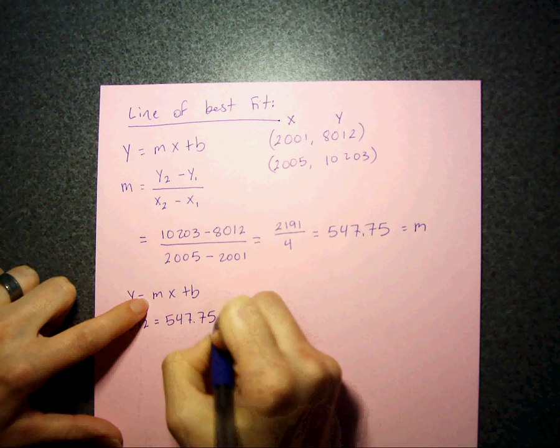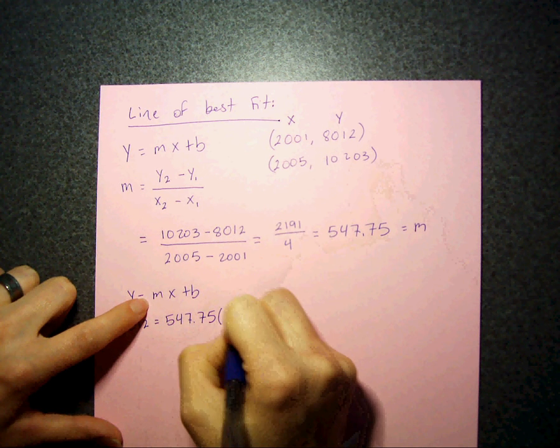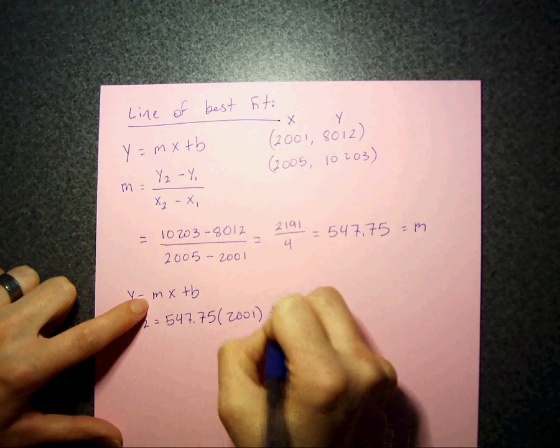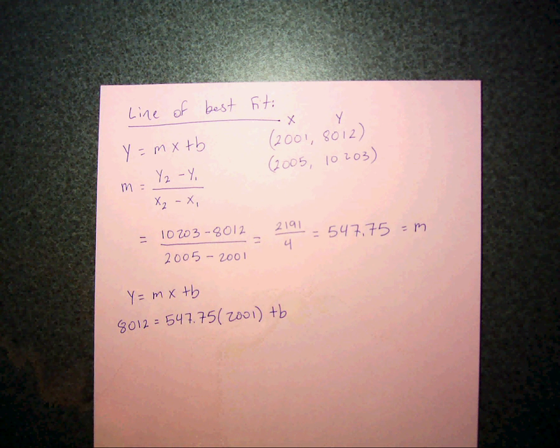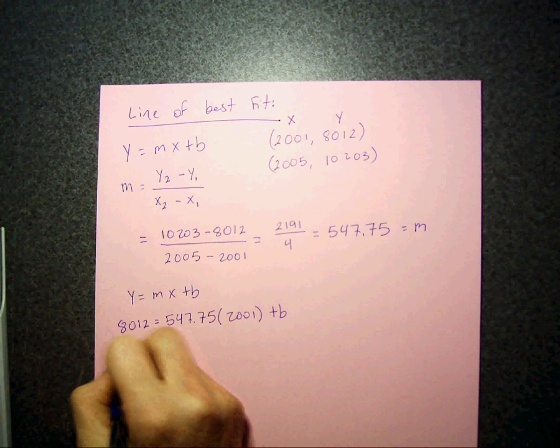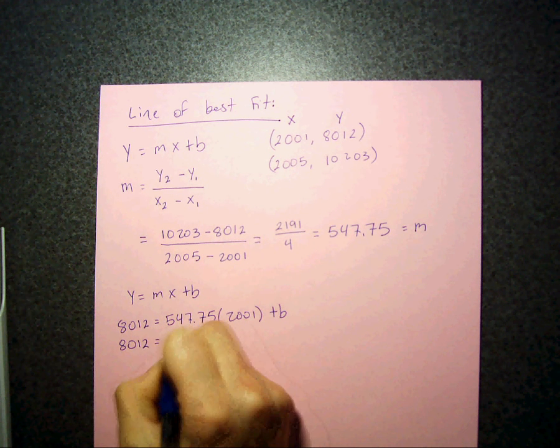plus b, so I want b all by itself, so I'm going to multiply 547.75 times 2001, so I get 8,012 equals 1,096,047.75 plus b.